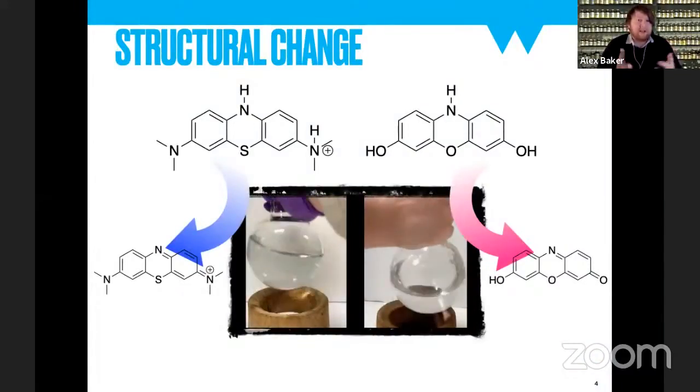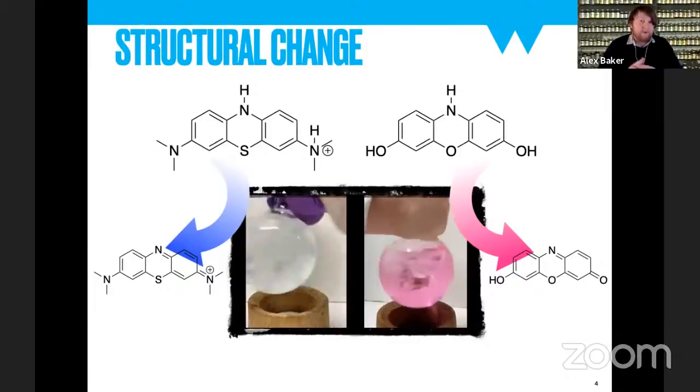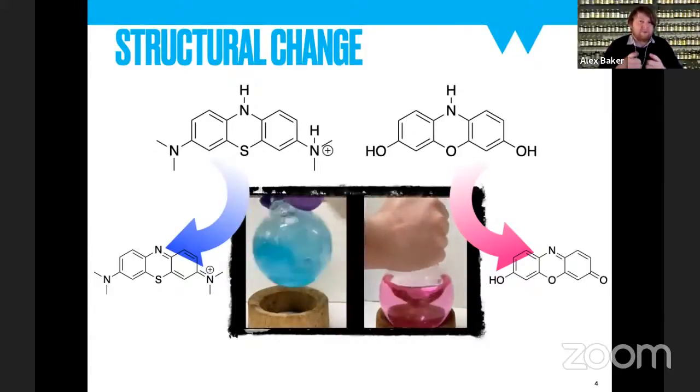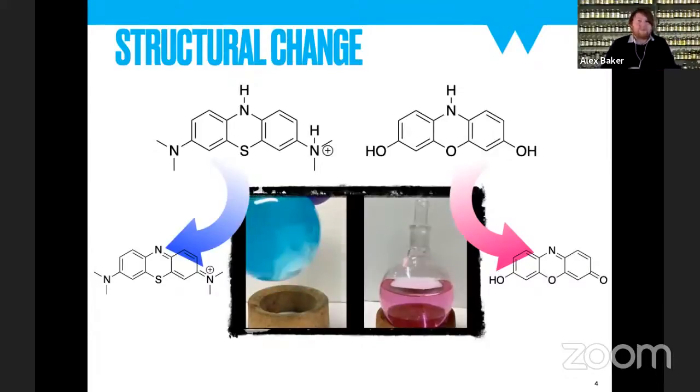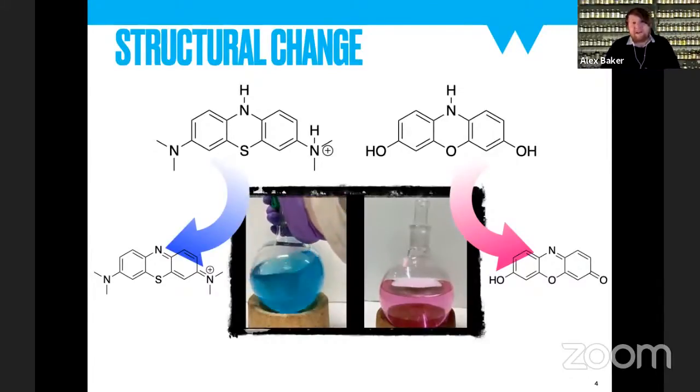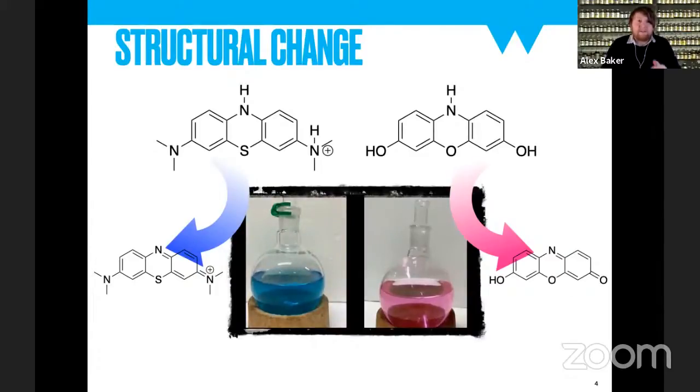So to start with then, let's have a look at these two chemicals. These molecules aren't groundbreaking in any way, but when you give them a small amount of oxygen by shaking them, they will change color. The addition of oxygen to the reaction allows the molecules to rearrange their structures and shift their hydrogens and electrons around.